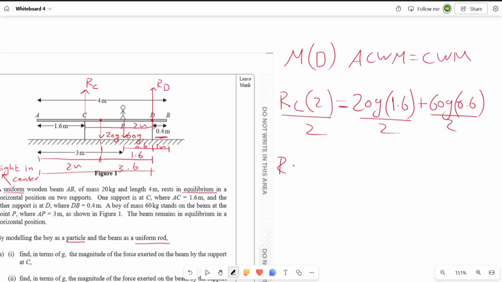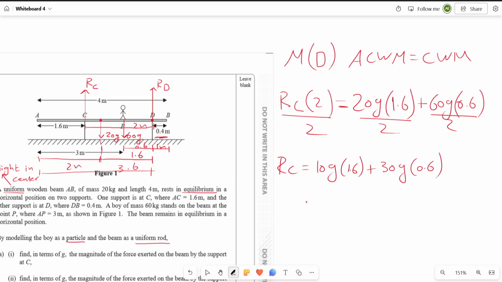Over here, what I can do is I can divide 2 on every side. So RC is going to equal 20 divided by 2, that is 10g times 1.6, plus this is going to be 30g times 0.6. Putting that on the calculator, and the question wants it in terms of g, so I'm just going to keep g out of the calculation.